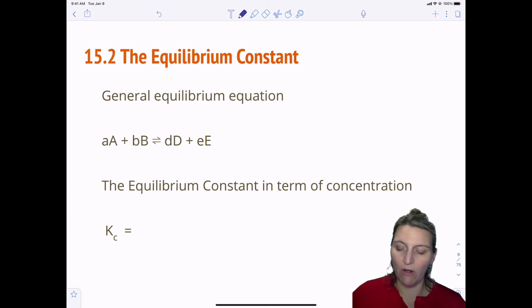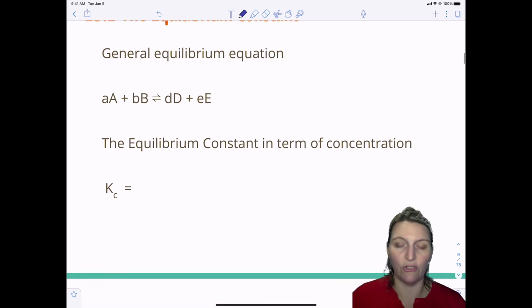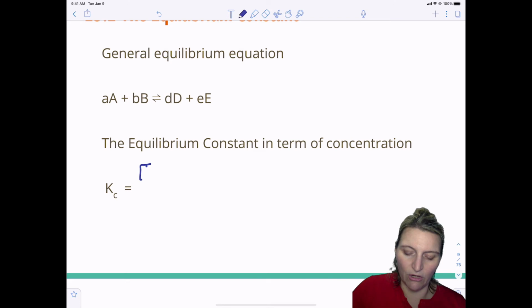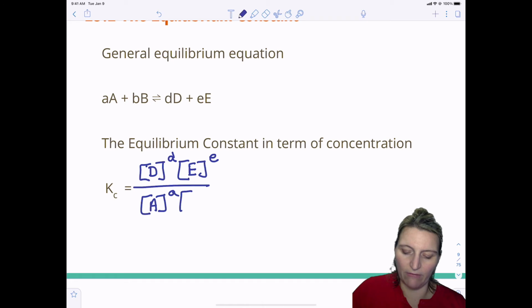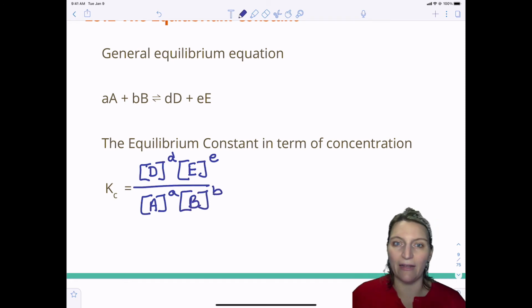The equilibrium constant in terms of concentration for a general reaction is equal to the concentration of the products raised to their exponents over the concentration of the reactants, again, raised to their exponents and multiplied by each other, not added. So it's sort of like the rate law for the reverse reaction over the rate law for the forward reaction.